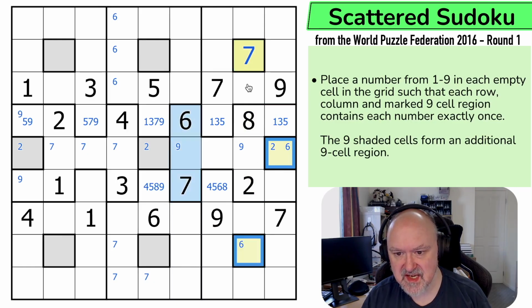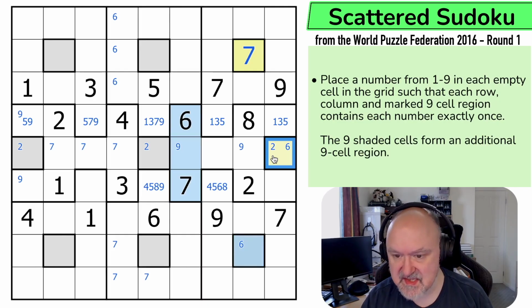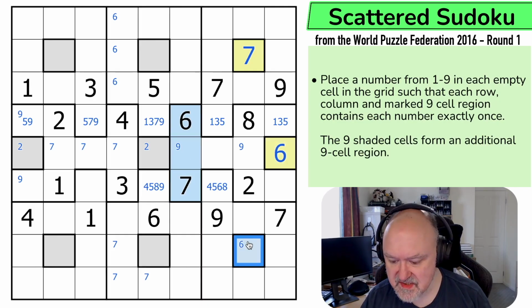So there's a 6, a 7, and whatever. That digit can't go there. This digit cannot go there. So that digit is that digit. So this digit here goes there, and this is a 6. This is not a 6.